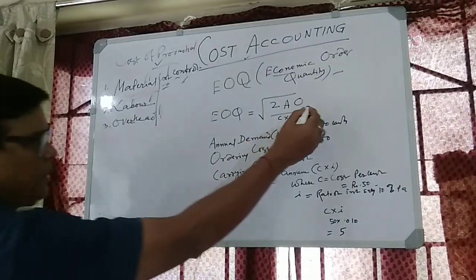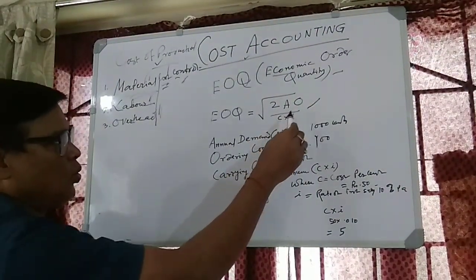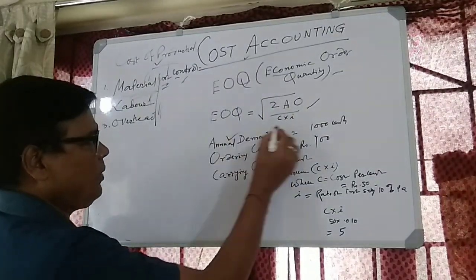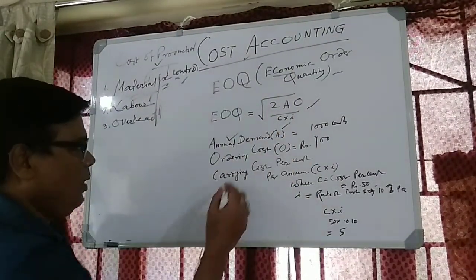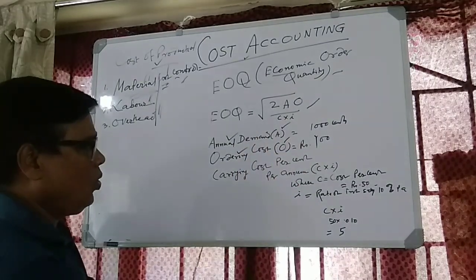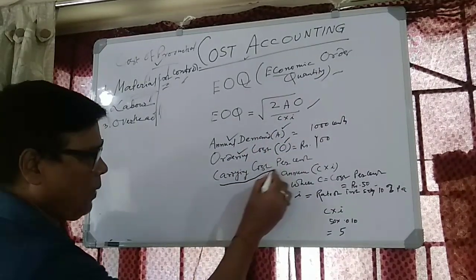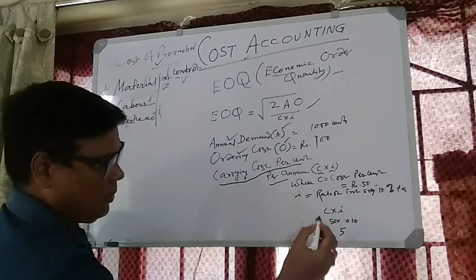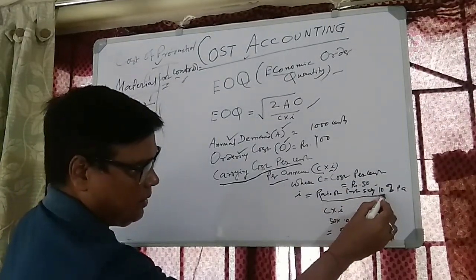So the formula is EOQ equals square root of 2AO by CI, where annual demand is A, ordering cost is O, and carrying cost per unit per annum is C into I, that means cost per unit times the rate of interest, your cost of capital.